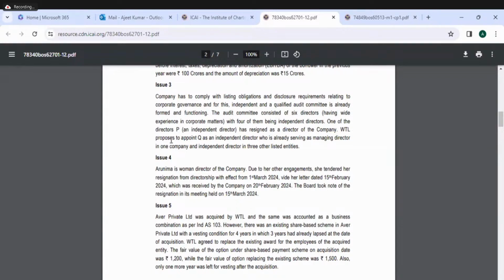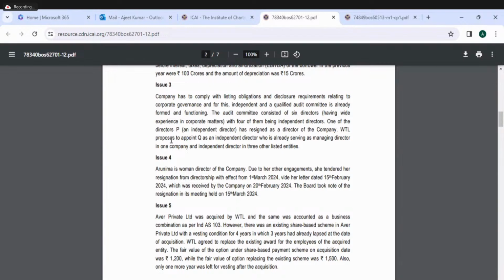Yes, very good, students, you have understood this, that it's related with the SEBI LODR. Very good, because generally students are not able to make out whether in this case we will be applying the provisions of the Companies Act 2013 or the SEBI LODR regulations.